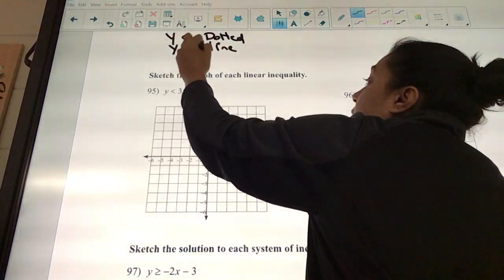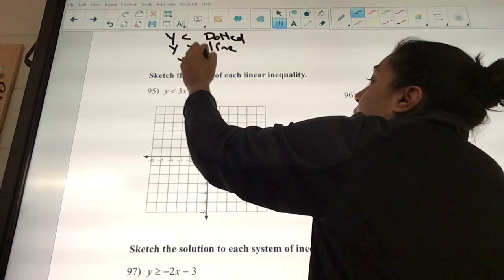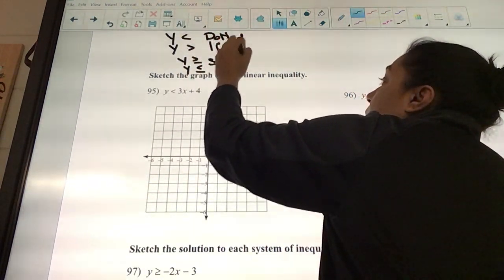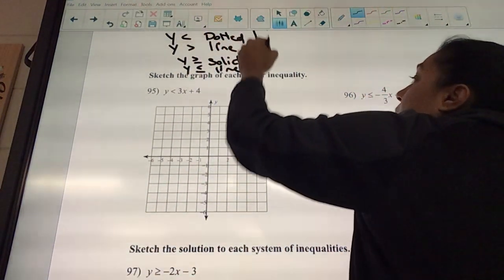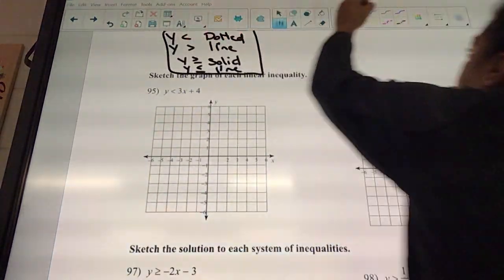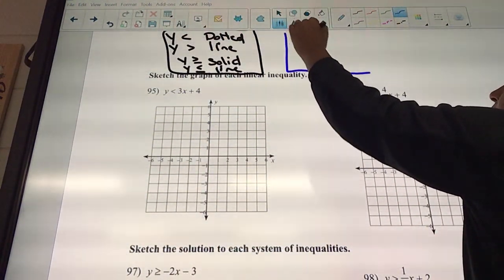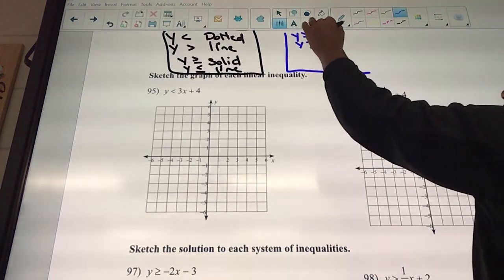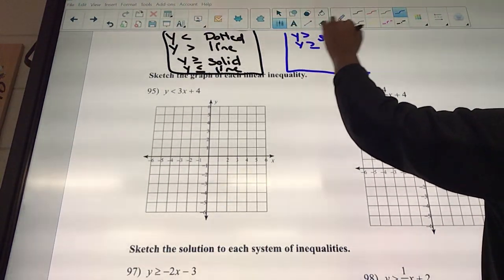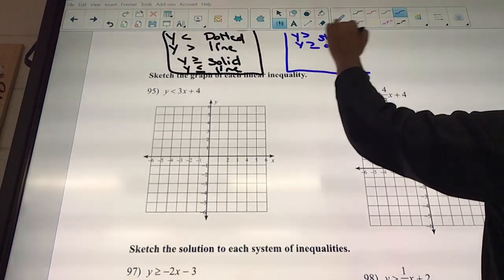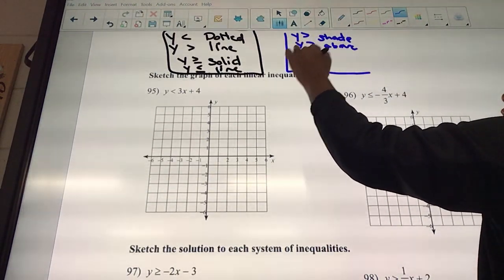And so this is going to be a solid line. Okay, so you would pick something from this box, and then the other one looks like that, is going to be shade above. And then we have shade below.